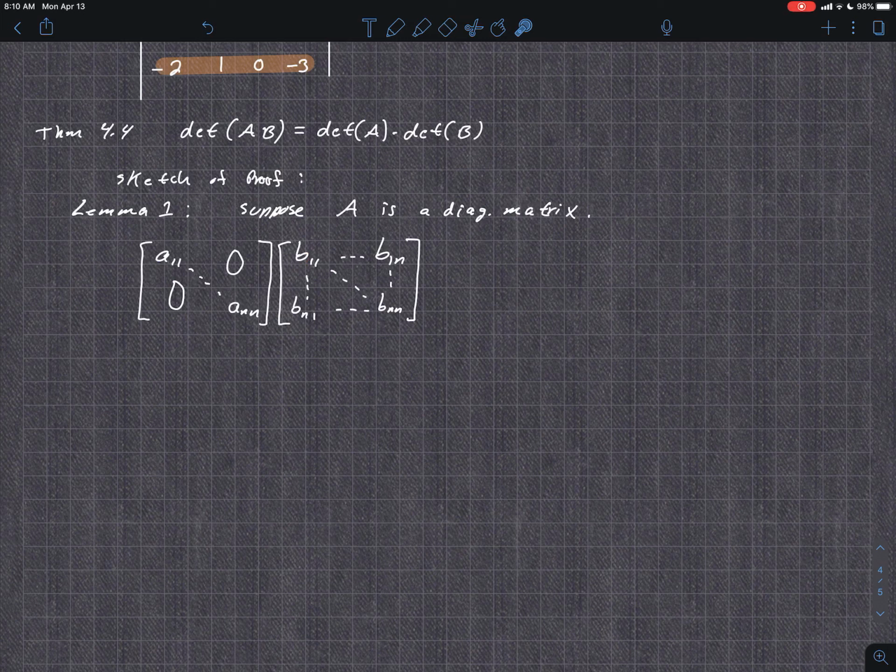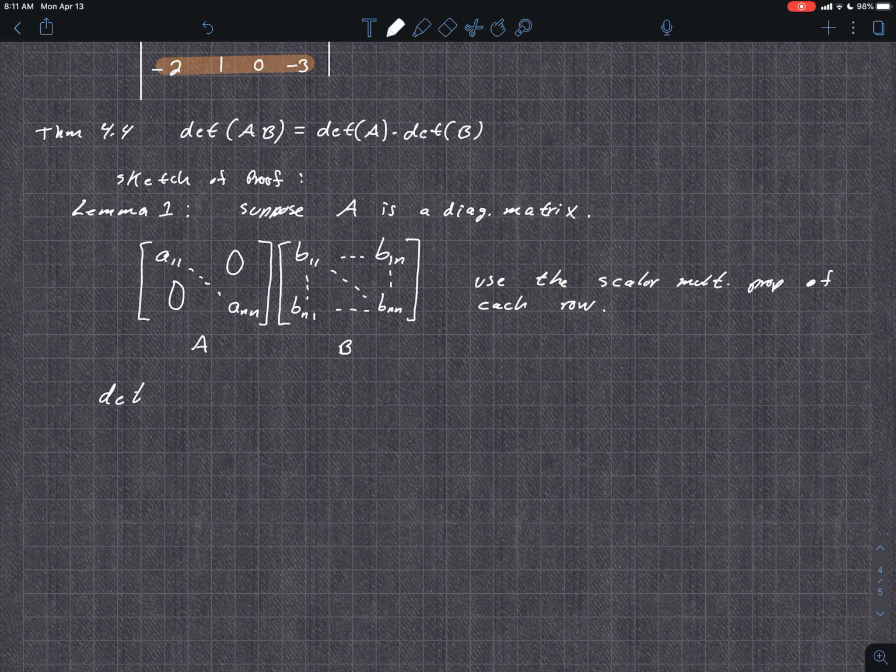So this is my diagonal matrix A, and then my matrix B. You apply the scalar multiple property of each row.